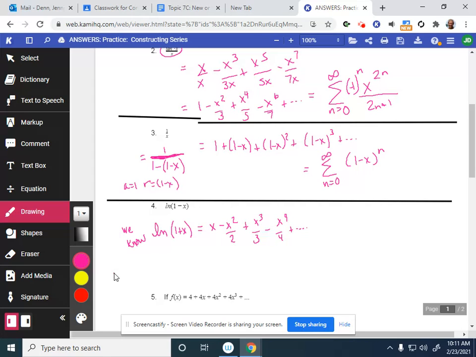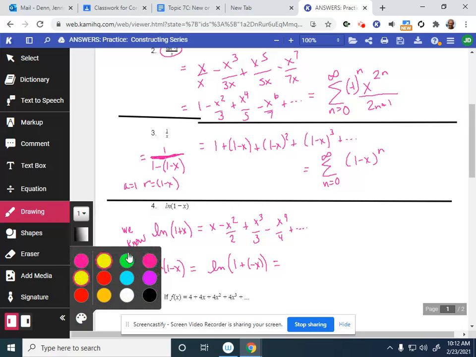So I'm going to rewrite my series, the natural log of 1 minus x, as the natural log of 1 plus negative x. And then I'm going to be able to use substitution. Since I know that the natural log of 1 plus x is this series, I need mine to be the natural log of 1 plus something as well.